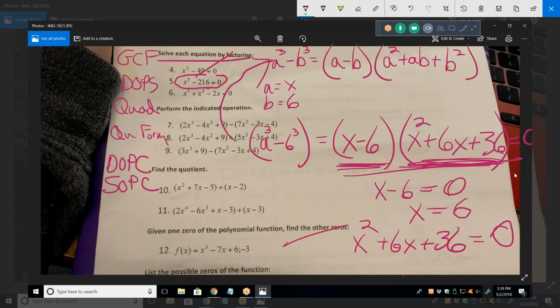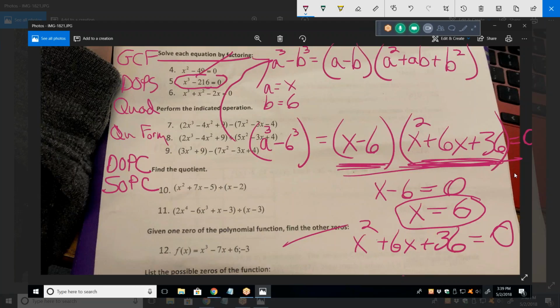And so if we're really going to solve this number 5 here, one solution is x equals 6. And we can certainly see that: 6 cubed is 216. 216 minus 216 is equal to 0. So x equals 6 is definitely one solution.